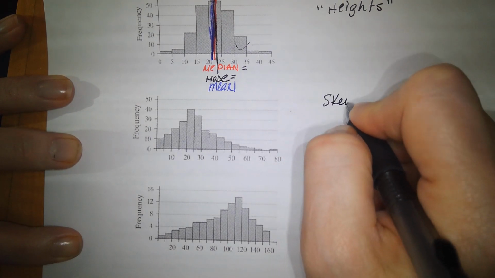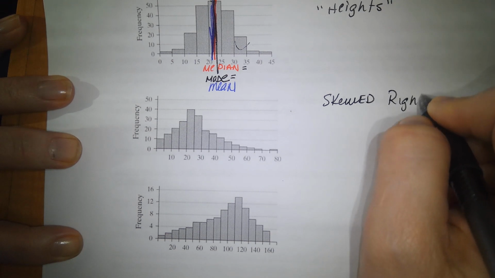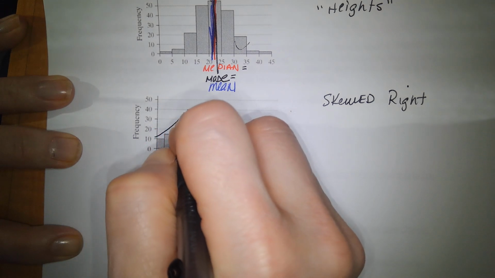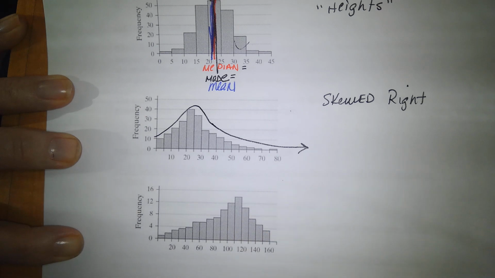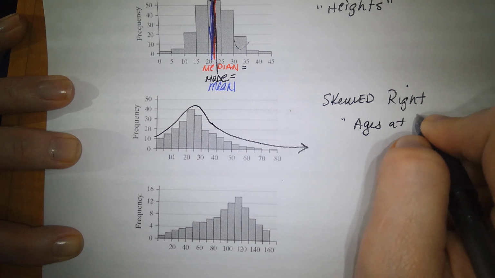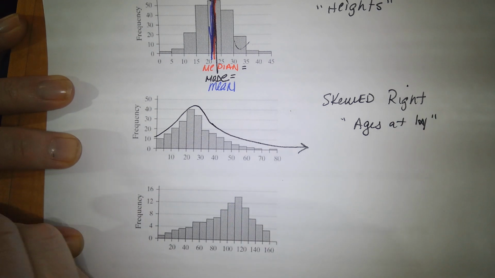This is what we call a skewed right graph. It is always going to be skewed in the direction of the tail. So for example, if this is where the peak of my graph is, the tail is skewed to the right. An example of this would be maybe ages at Ivy Tech. Right?